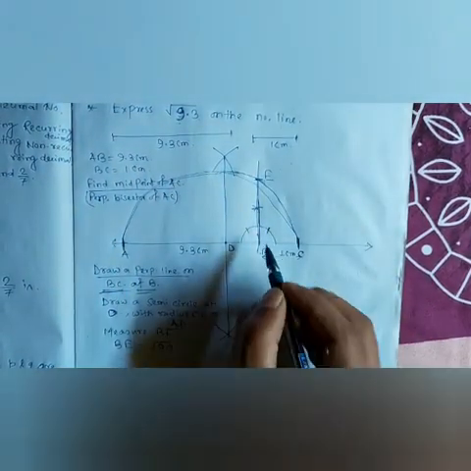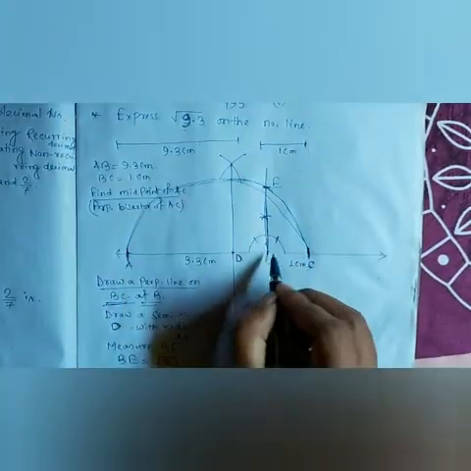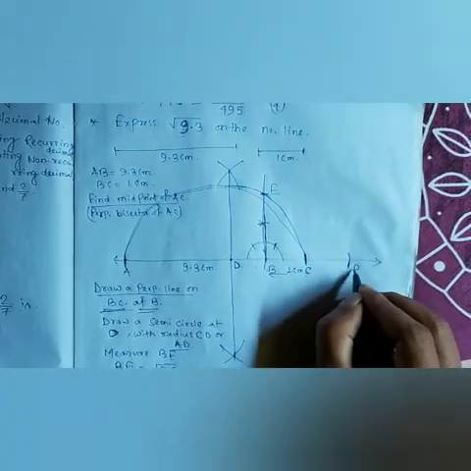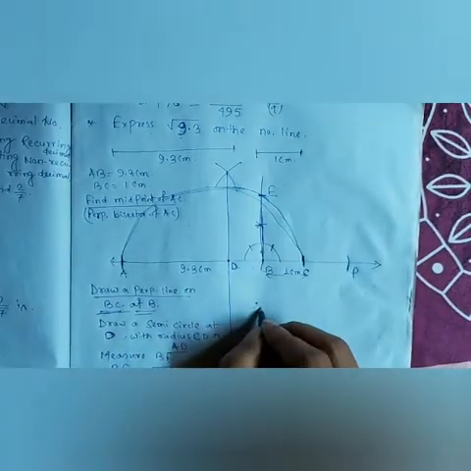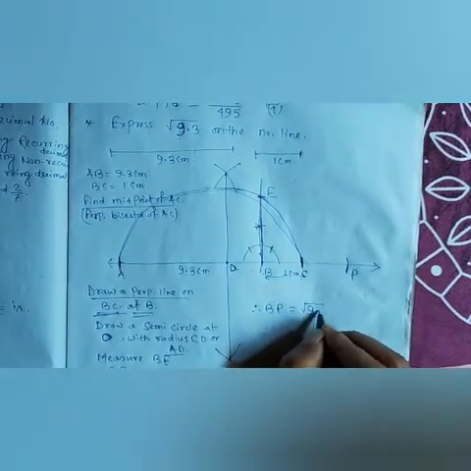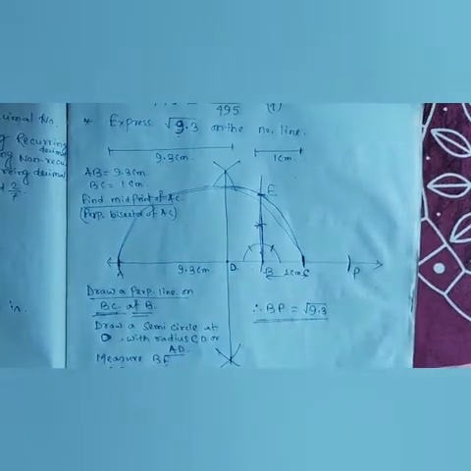So for the number line, start from B, measure this one and draw one arc. Suppose this one is the point P, so BP is equal to root over 9.3, and this represents it on the number line.